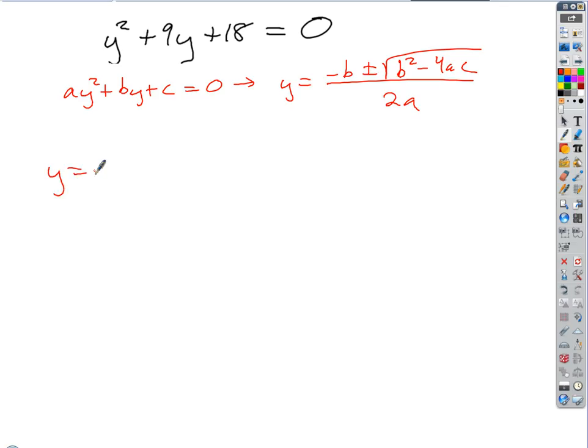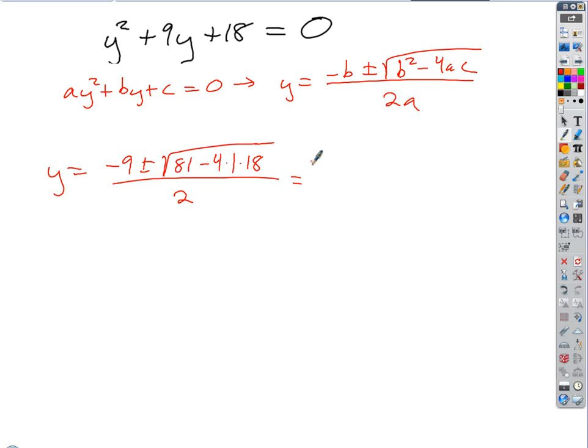So I would get y equals, what's going to be negative b? Negative 9, right, because b is 9, plus or minus the square root of b squared, so what's 9 squared? Minus 4 times 1 times 18, right? All divided by 2.